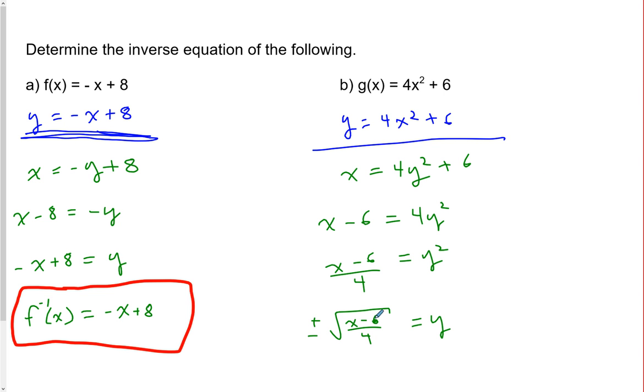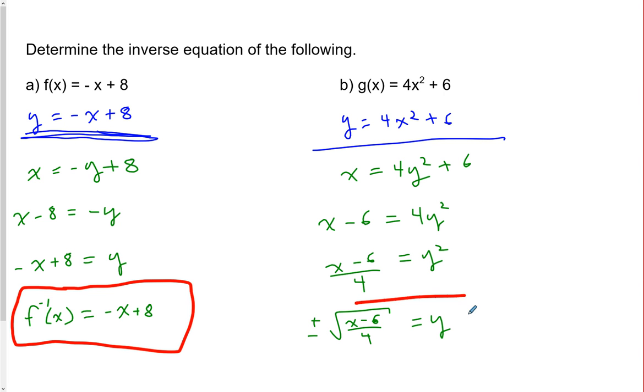And if we graph that, of course, the plus part is going to be like this, and the minus part is going to be like that. So that creates the two halves of our quadratic. So this is basically just a quadratic turned on its side. That's the inverse. Okay, so that's done. Let's put a box around that.